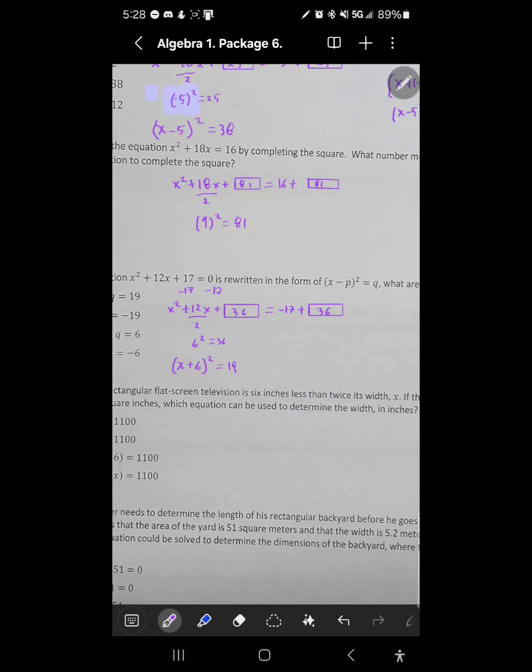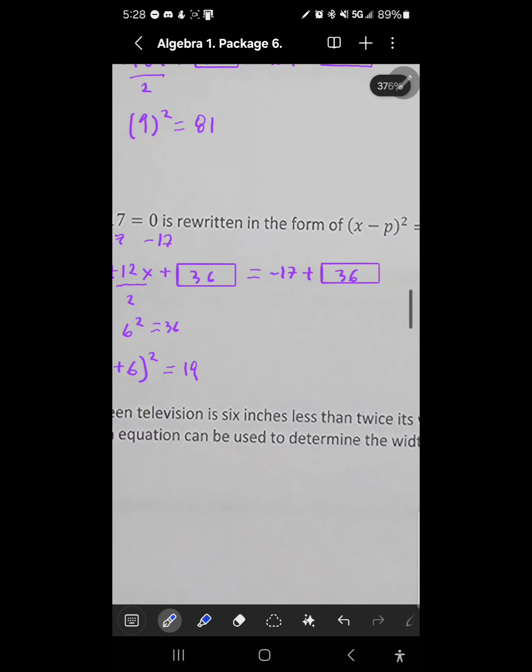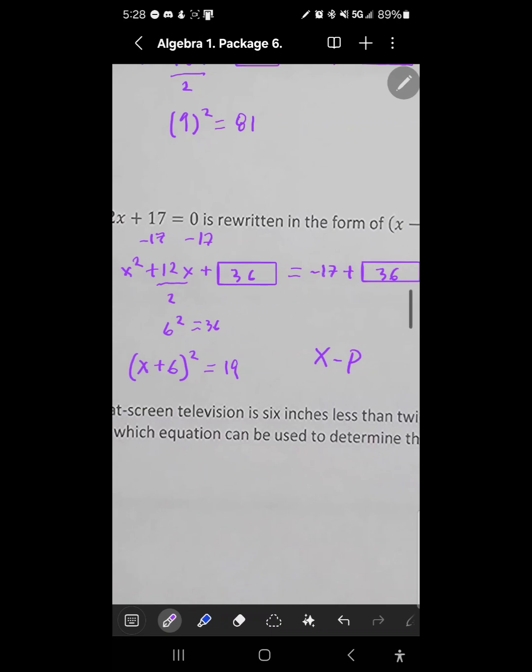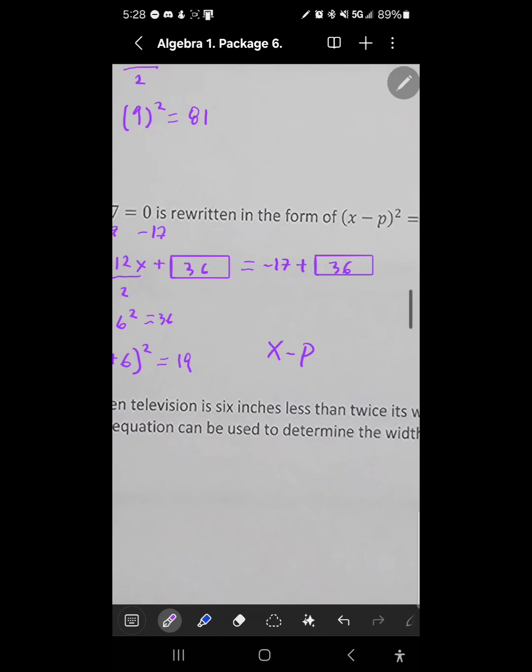Okay, this is something funny. We have minus p here. So, wait, let me rephrase. x minus p should be equal to x plus 6.